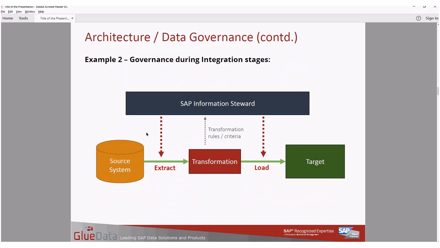The second example is just an example of typically an integration phase. You have a source system where you need to extract and transform that data, load it into a target. Let's say you're moving data from a source system into a data warehouse or an operational data store.